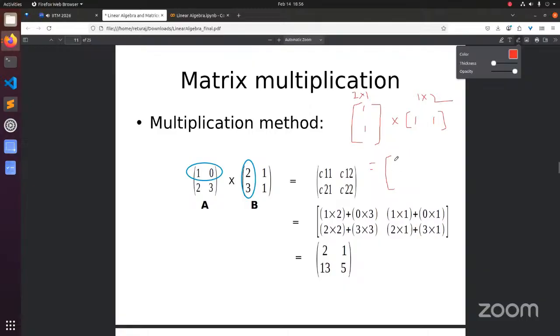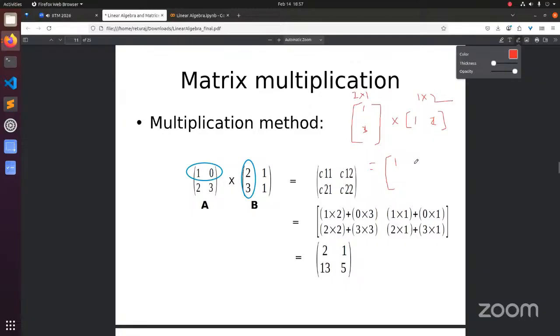And what will be the value? Now help me write the value. First element, C11. What is the value? 1 into 1, sir. 1. Okay, second element. Let's make it more interesting. Let's write 2 and 3, otherwise it will become the same numbers. So this is 2 now and this is 3.